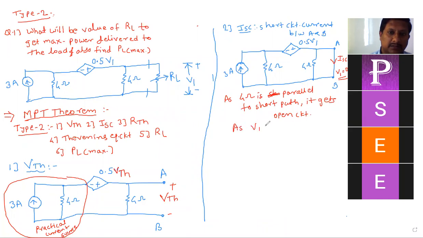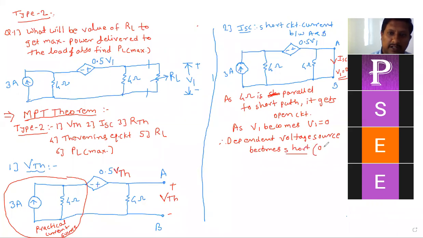Now, as V1 becomes 0, the dependent voltage source becomes short, because 0.5 into V1 becomes 0. Have you understood this one? Yes, sir. This much modification we have to do.